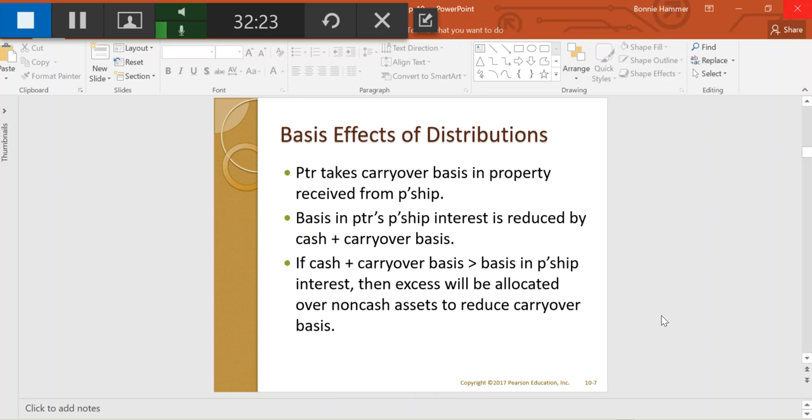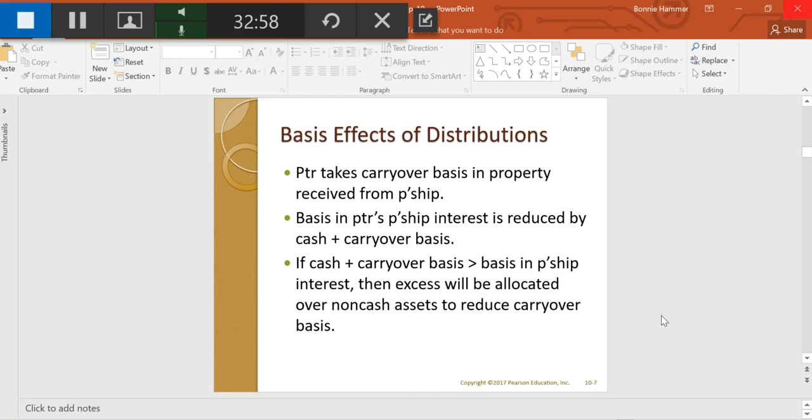Now, if the cash plus the basis in other property received by the partner exceeds his basis in the partnership interest before the distribution, then the excess basis of the property distributed over his basis in the partnership interest needs to be allocated among the non-cash assets that were distributed to reduce their basis.